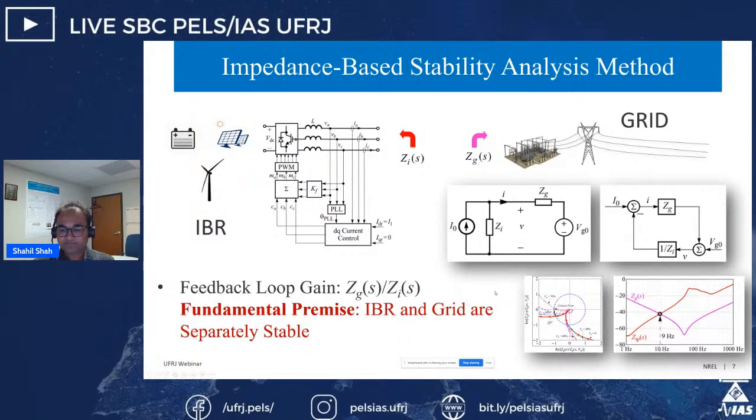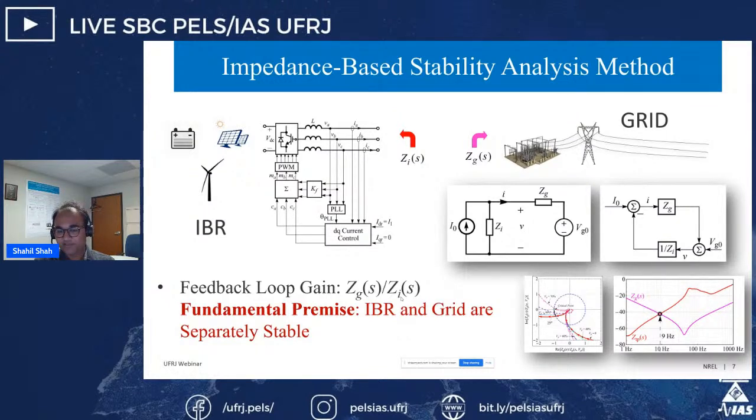And we can apply various tools to do stability analysis from linear analysis. To simply use responses of grid impedance and inverter impedance to do stability analysis, we have to make two fundamental assumptions. The first is that the IBR is stable without the grid, and the second is that the grid is stable without the IBR, or basically IBR and grid are separately stable.